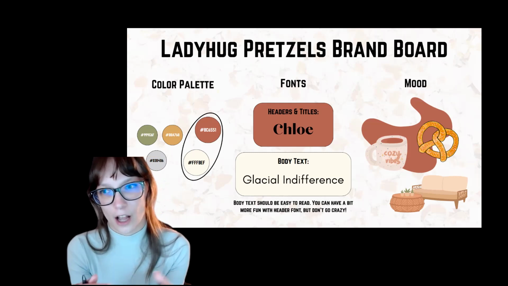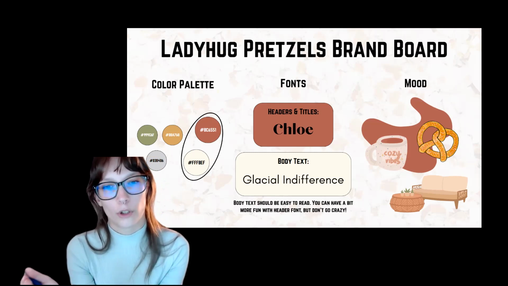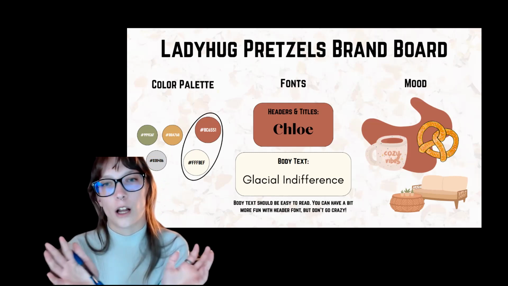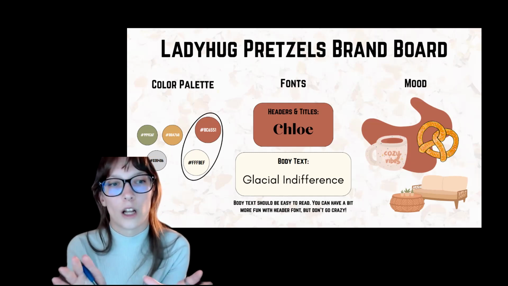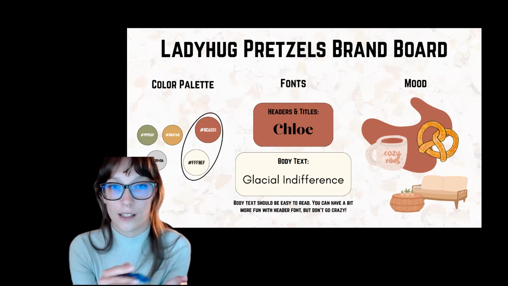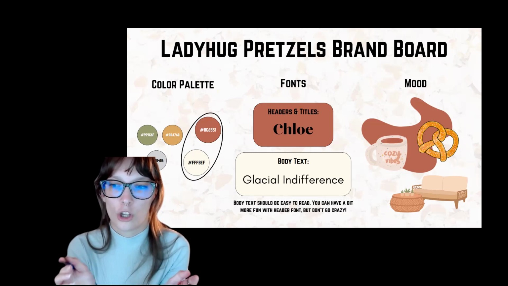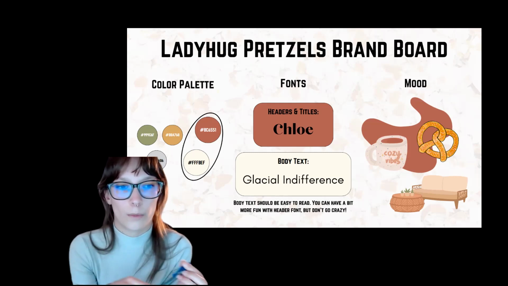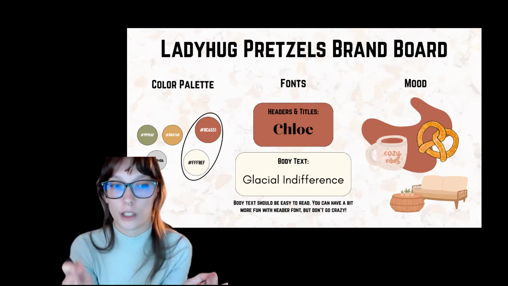I had a lot more options to begin with, but this is what I concluded when I was narrowing things down. So this is like my finished mood board. You can always add things to your mood board or take things away, but you're going to start off with a lot of options and want to narrow it down.